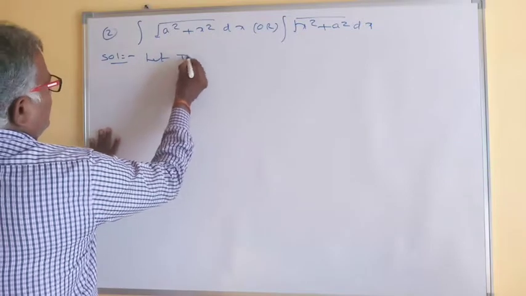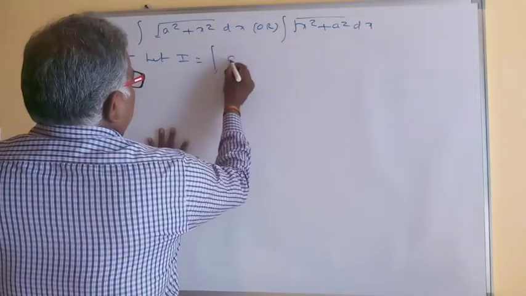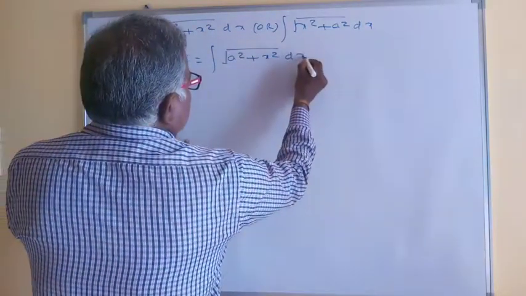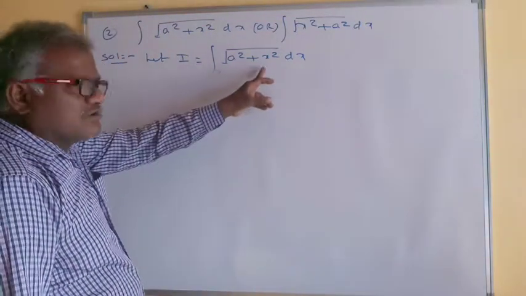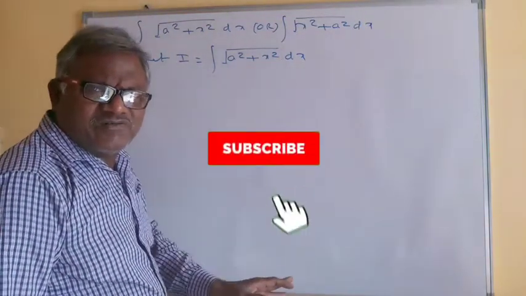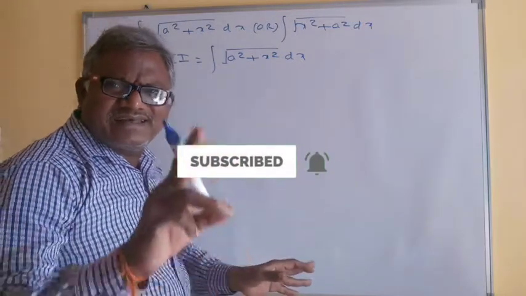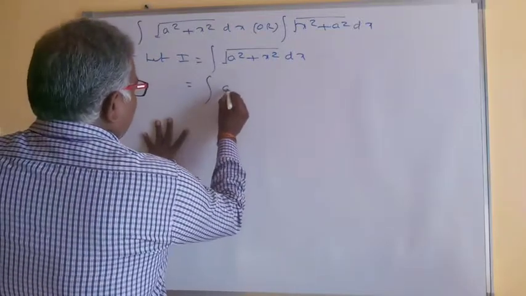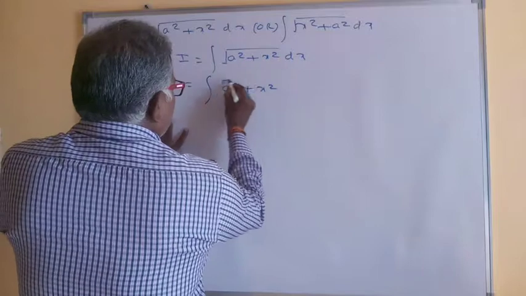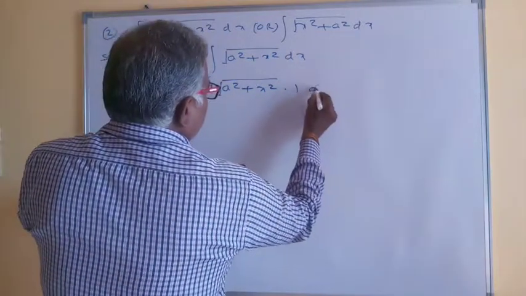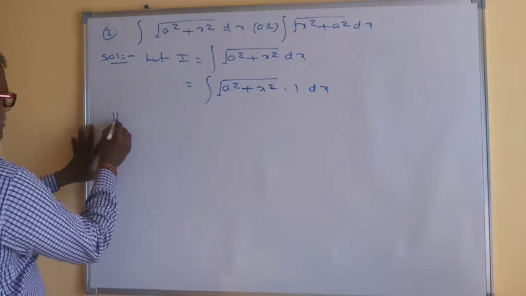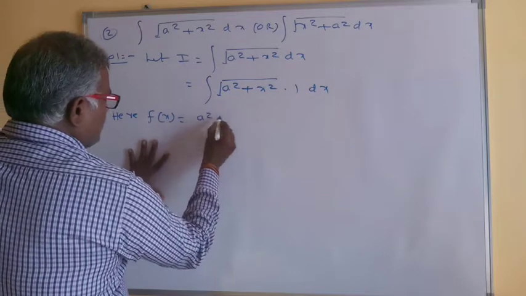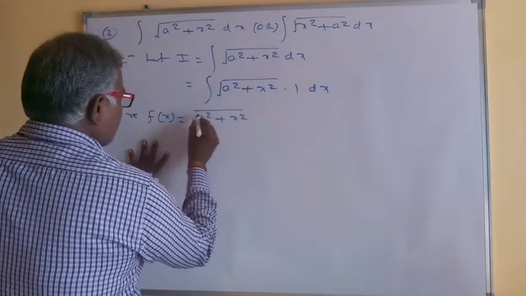Let I is equal to the integral of square root of a square plus x square dx. So to evaluate this type of functions, what you have to consider? You have to consider the second function as unity, that is 1. So here root of a square plus x square into 1 dx. Here f of x is equal to root of a square plus x square.